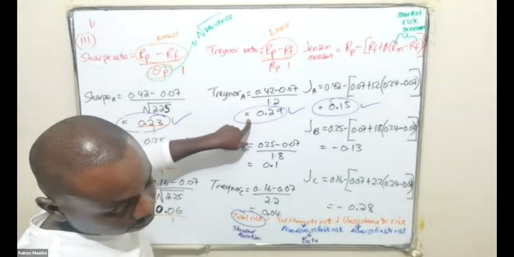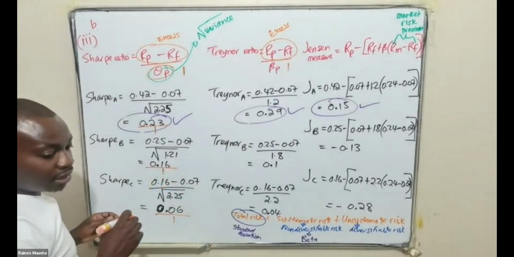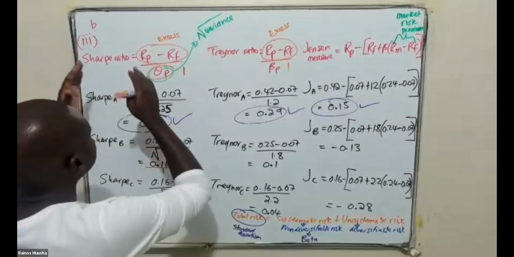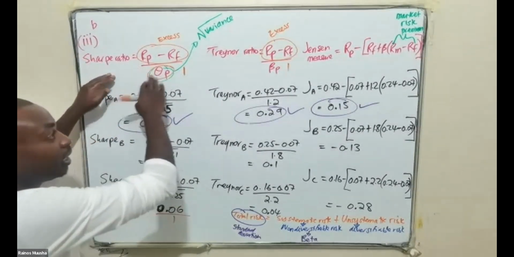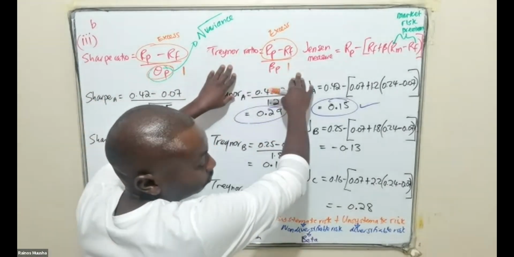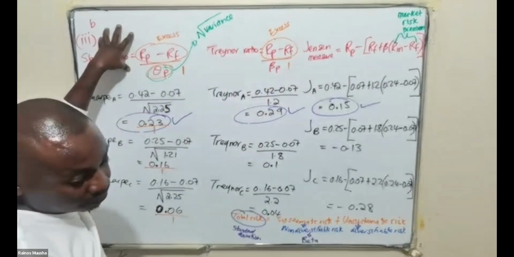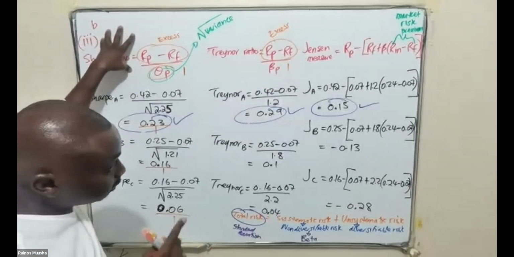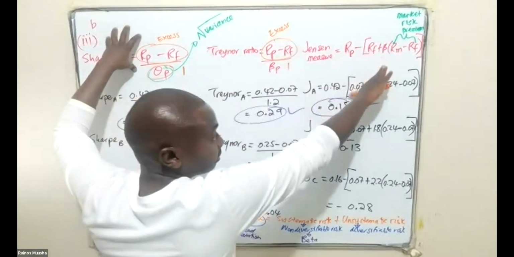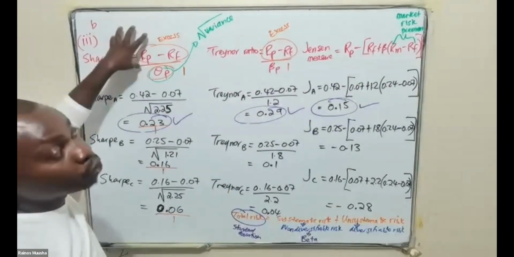Please take note, whenever there is a conflict between your assessment using the standard deviation and your assessment using the Treynor, the standard deviation is more superior. So whenever there's a conflict of assessment between the standard deviation and any one of these, the standard deviation is more superior.